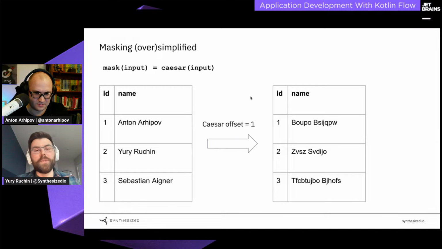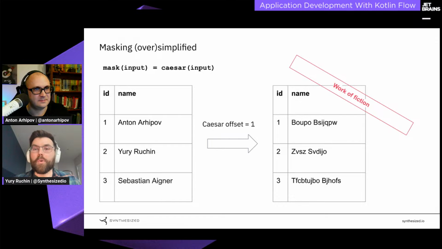So here, for example, I'm using Caesar offset 1, and I transform our brave guys into, I don't know, a band of hobbits, maybe. So the names are completely modified, right? And that will be enough for the purposes of our demonstration because our focus is flows anyway.